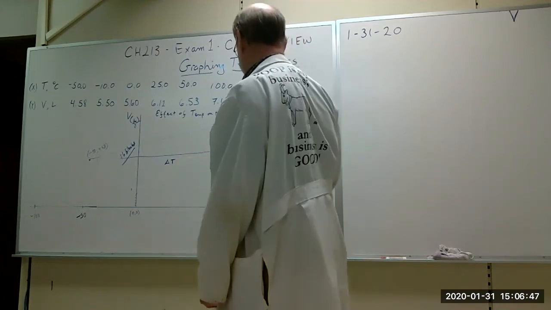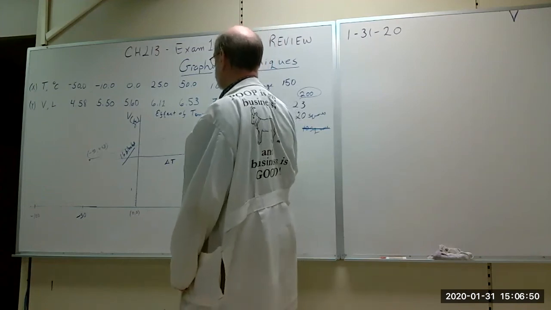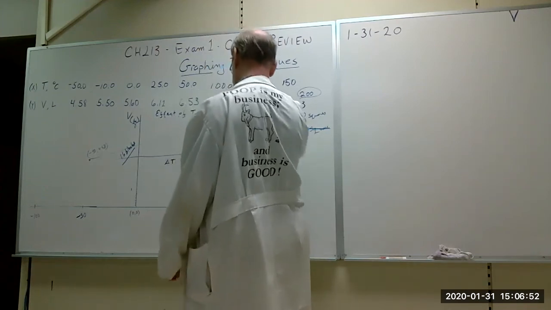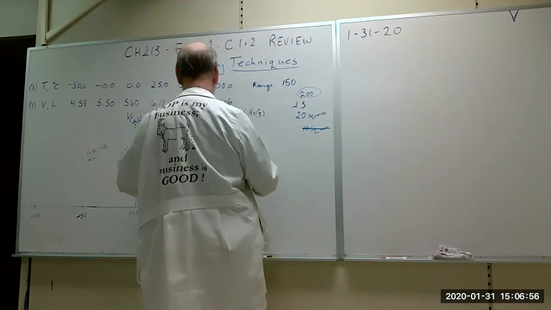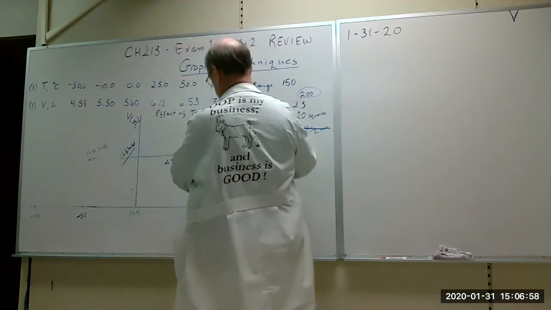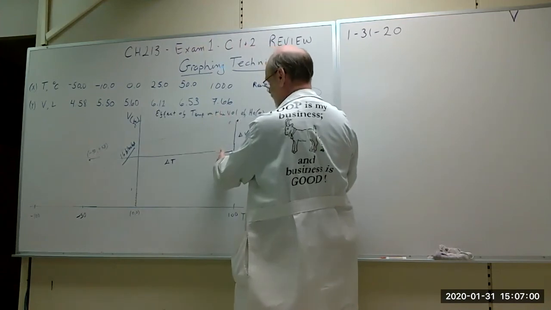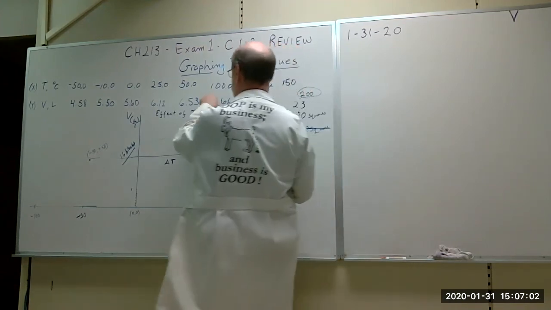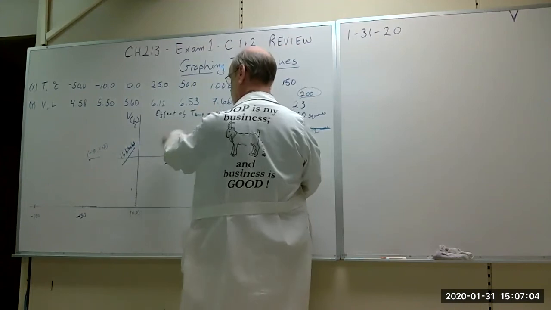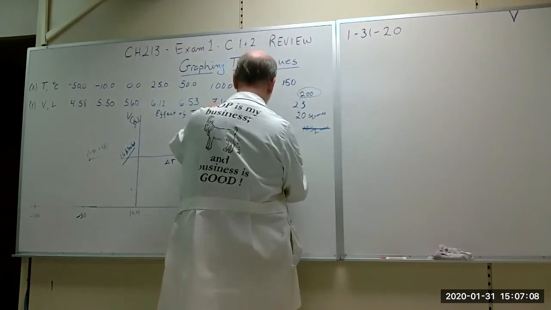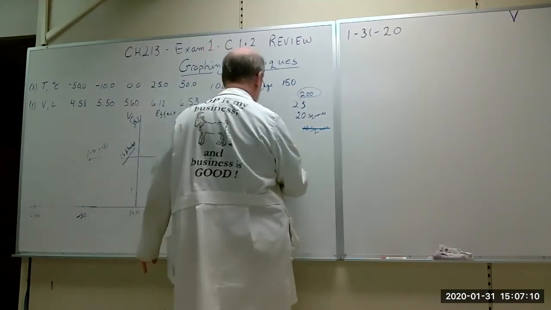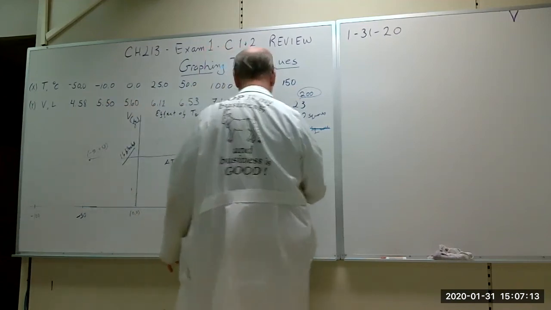So what would that be? Change in V is highest minus lowest. So this would be volume 7.66 minus 4.58. Right?